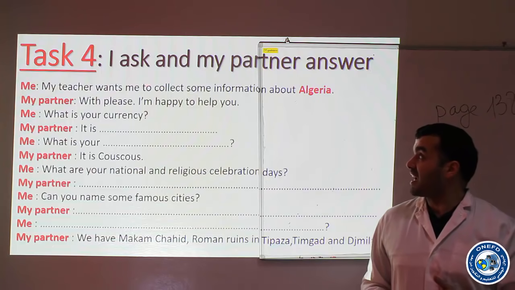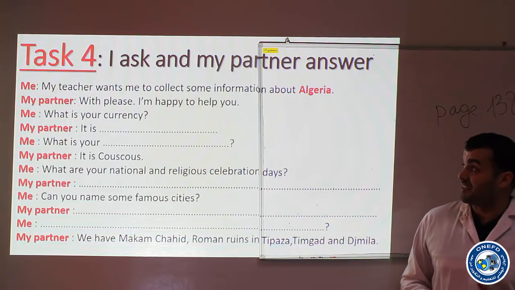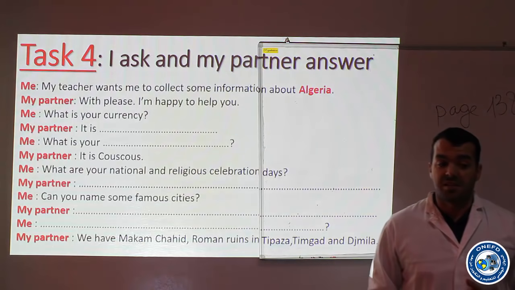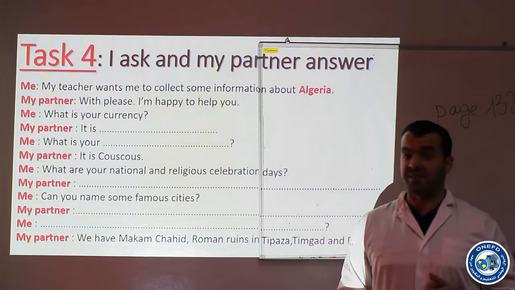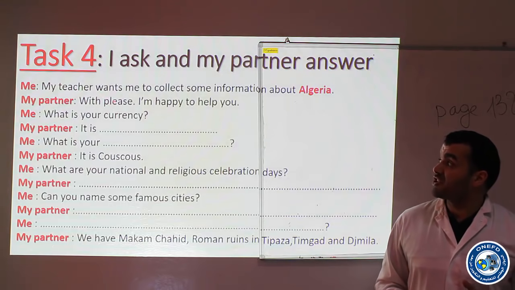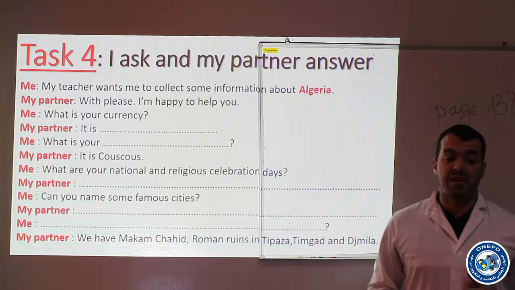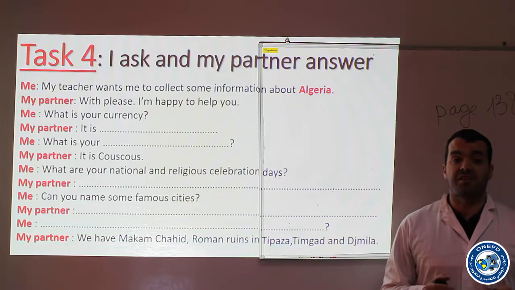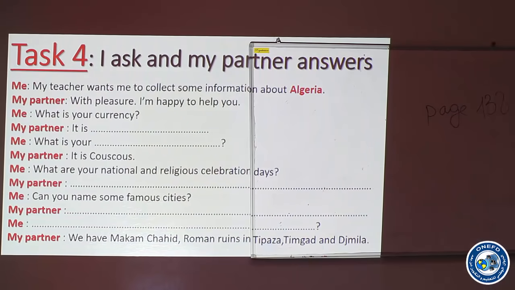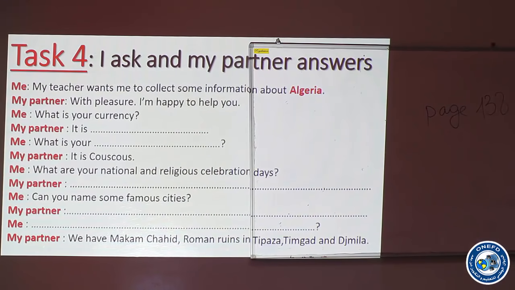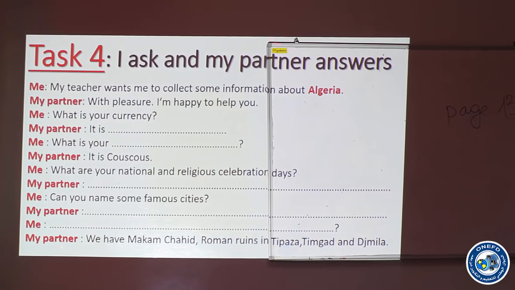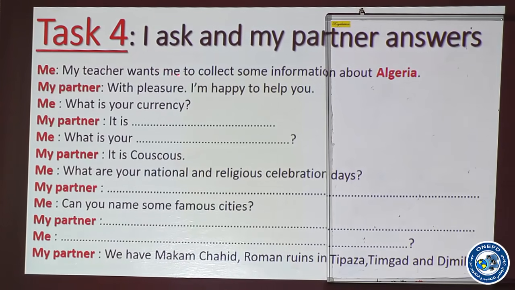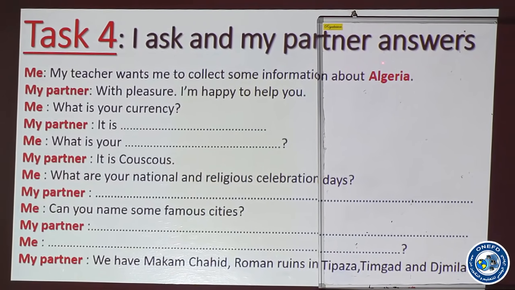Task 4. I ask and my partner answers. This is just an example of how to write this dialogue. Me: My teacher wants me to collect some information about Algeria.